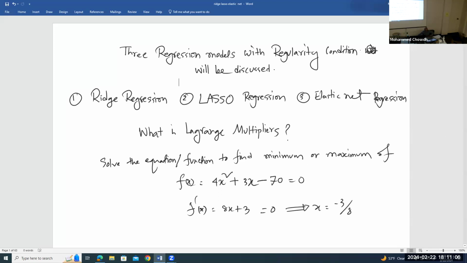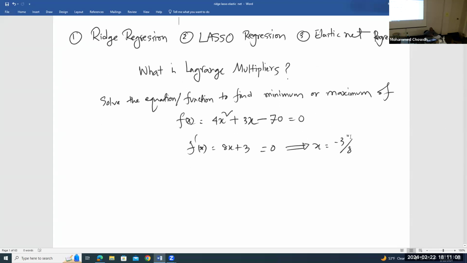But if I ask you to find the solution of 3x square plus 4y cube plus 17 equal to 0.